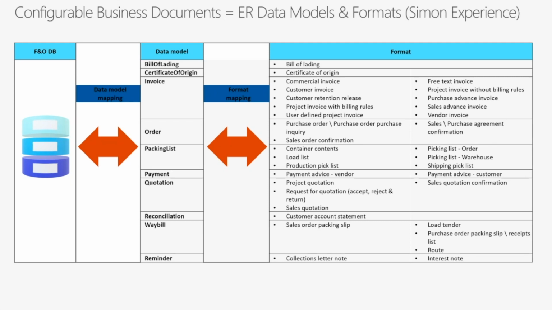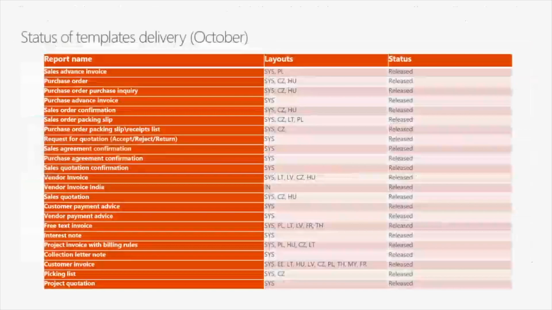So this is the list of models which we have, and for every model, for example, for invoice, you can have different outputs, different reports, like just customer invoice, project invoice, etc. And again, as I mentioned, we would be releasing the content, the day one experience, through October till December this year.